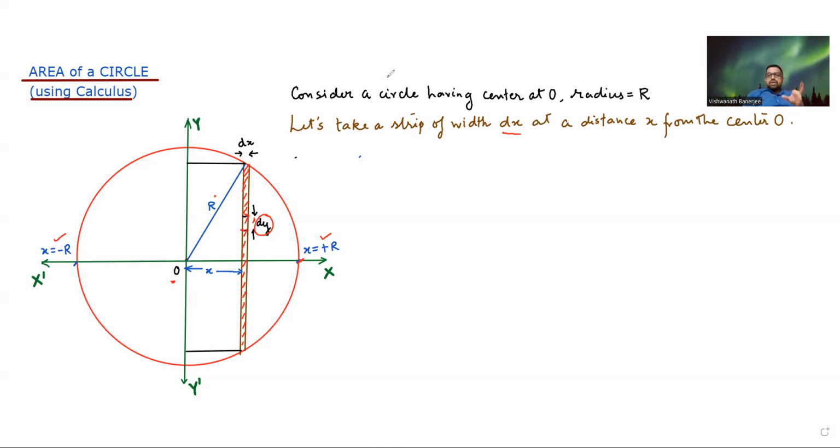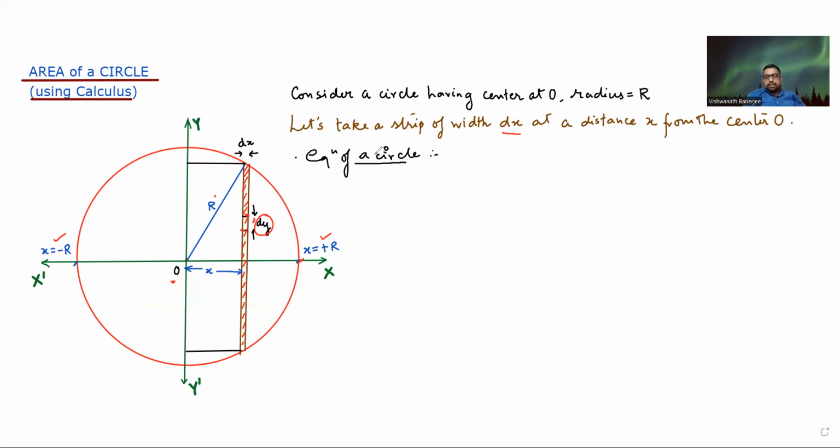Now, since we are applying this on the xy plane, first I will employ the equation of a circle. Why is the equation required? Because y is changing with x. y is not fixed, it's a curve.